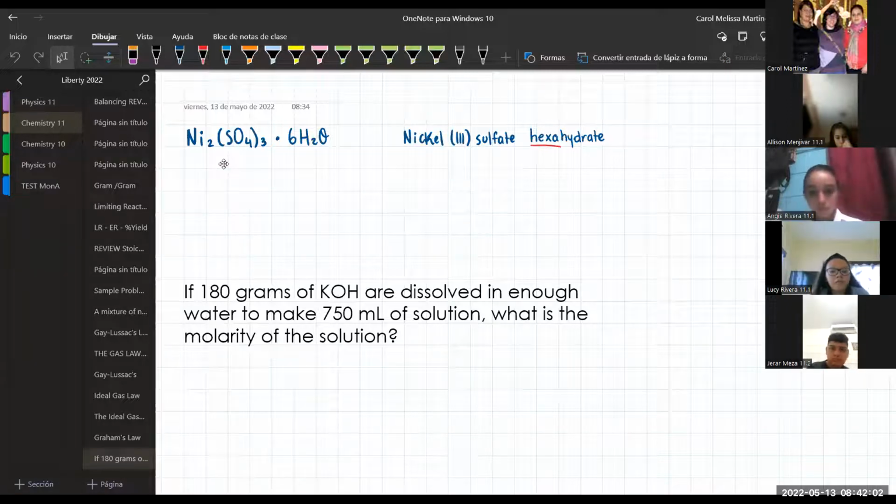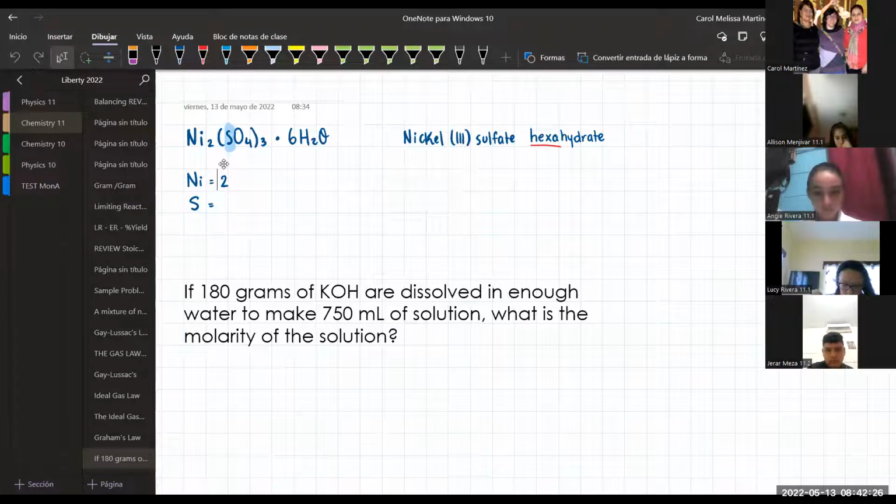First, we calculate the number of atoms of each element. So, I have nickel, and for nickel, it's pretty easy. I have only 2. For sulfur, I have invisible 1 internally and 3 outside the parentheses.